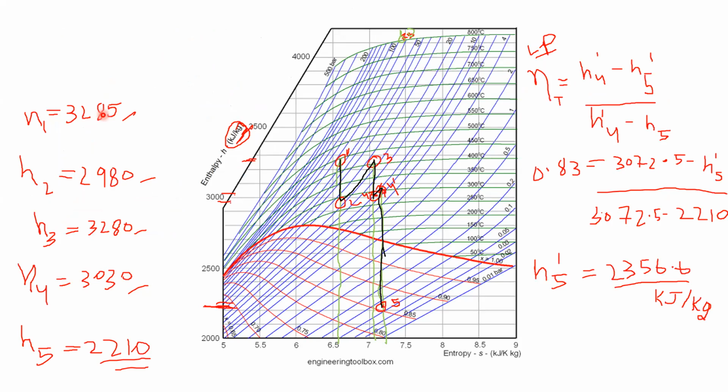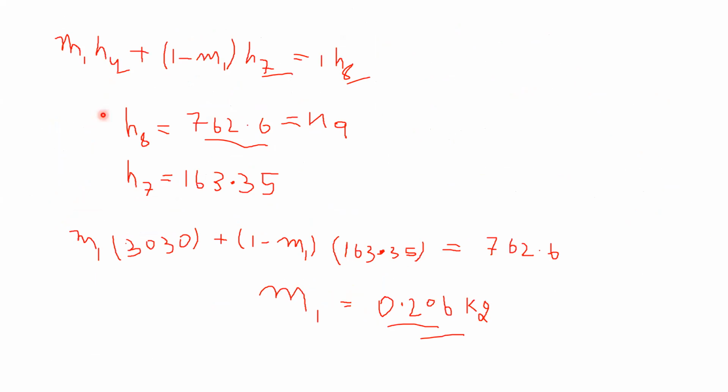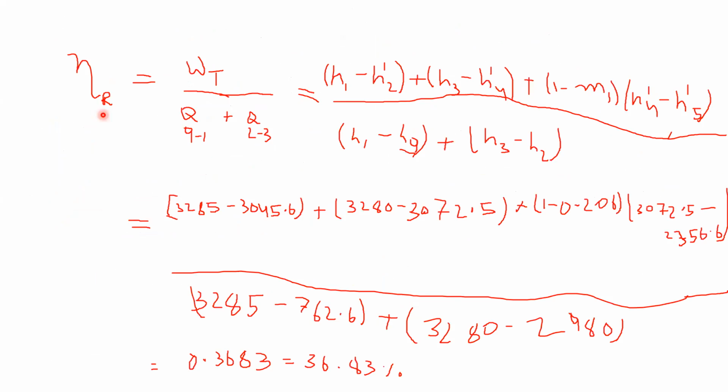Some values are taken from the Mollier chart and some from the steam tables, and with these I have to find the mass and efficiency. Take down all the enthalpy values, and only then calculate the unknown terms. Okay, this is all about our problem. Thank you.